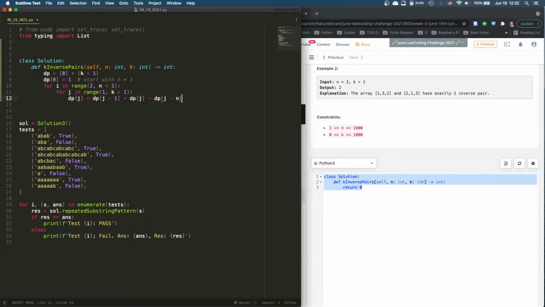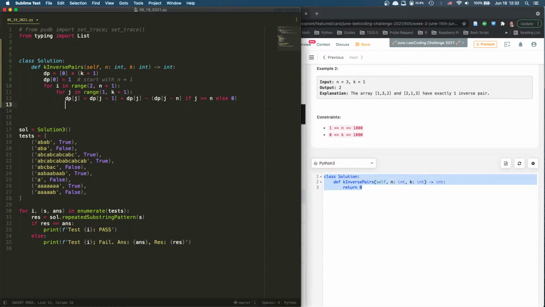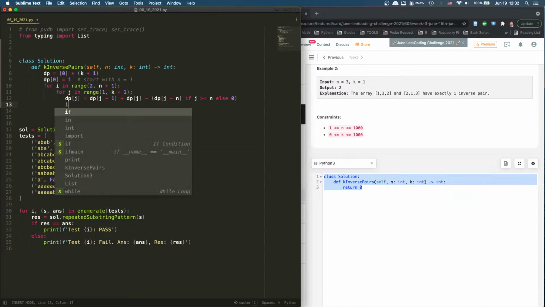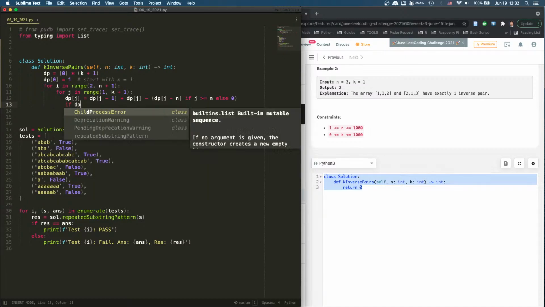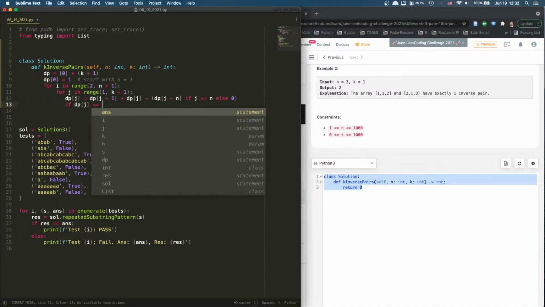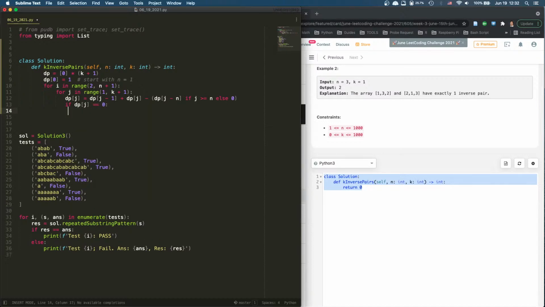All right, and then this is going to be minus this if j is larger or equal to n, else it's going to be 0. And then if dp[j] is equal to 0, already zeroed out, then we break.